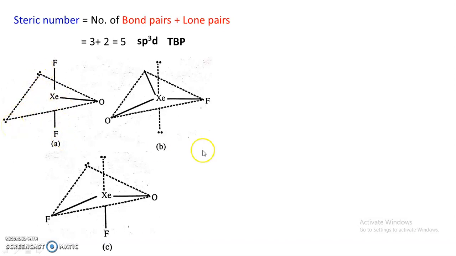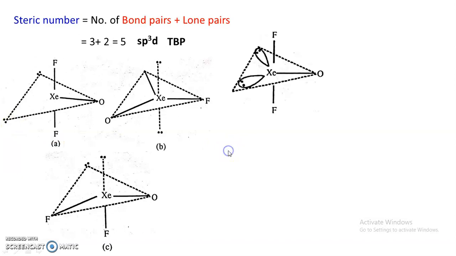Now here the most important thing again: if structure A is the most stable, then according to valence shell electron pair repulsion theory, lone pair-lone pair repulsion is greater than lone pair-bond pair repulsion, which is greater than bond pair-bond pair repulsion.